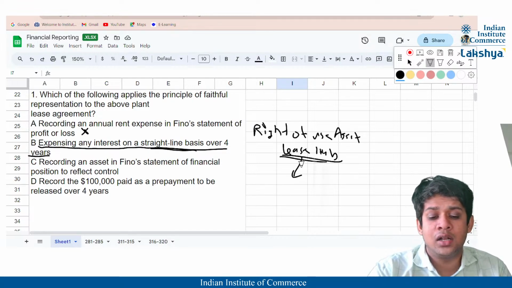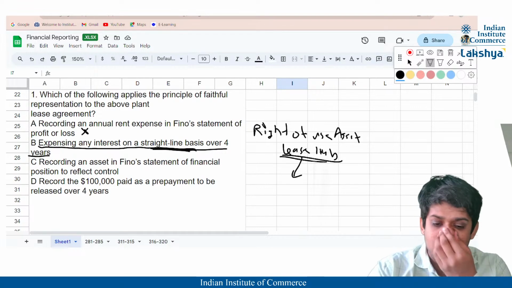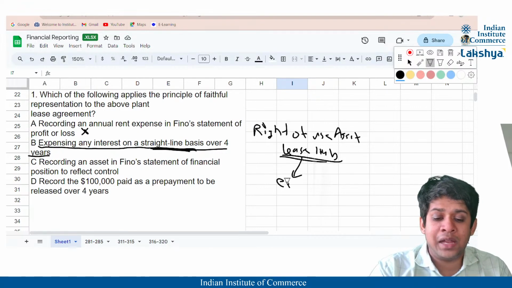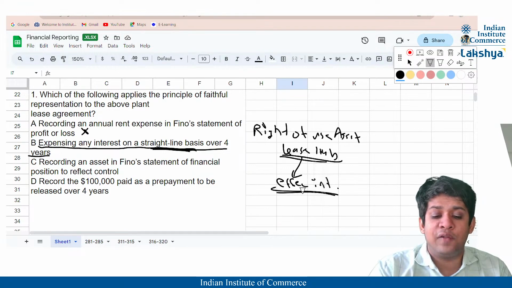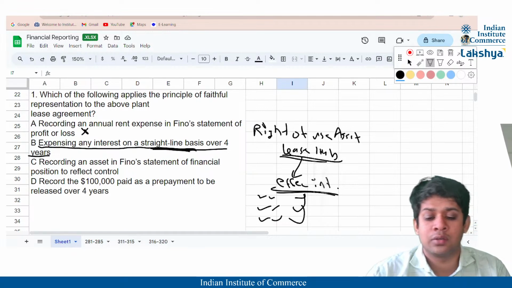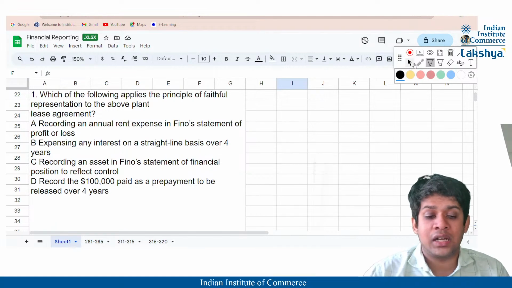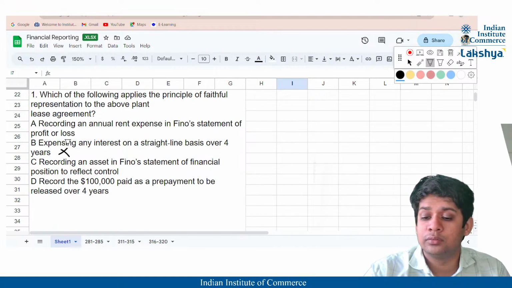They are calculated through it, right? And it is not on an SLM basis. SLM basis means every year it is the same liability which is expensed. The expense to P&L will be that effective interest rate if you remember, right? And effective interest rate keeps on changing regarding the balancing figure which is available at the start of each year, right? So effective interest rate is not the same each year. So technically option B is also wrong, right?